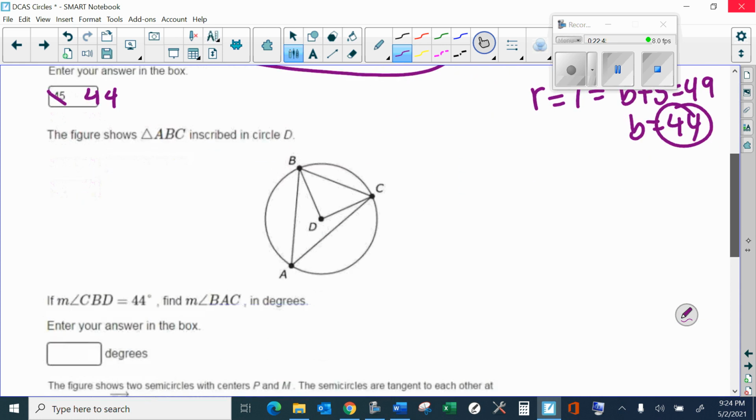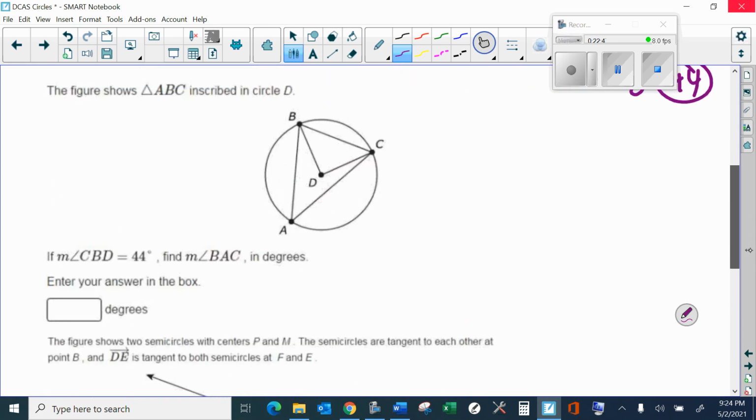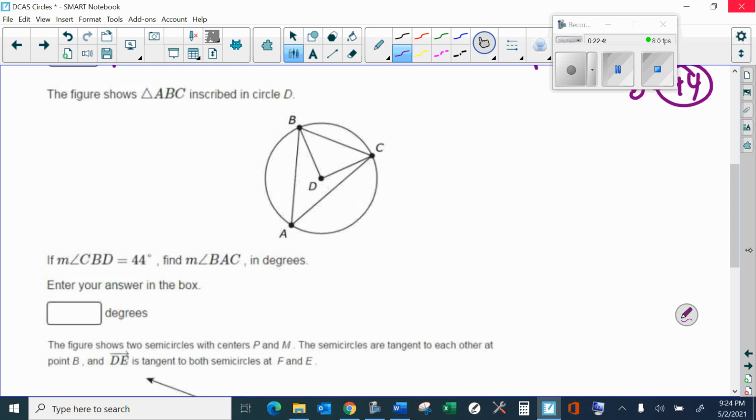Okay. All right. Here's our inscribed angles. You can half it. Angle CBD is 44. Don't forget that's a radius and that's a radius, so I have an isosceles triangle. Base angles are congruent, first thing I should know. That's 44 and 44, that's 88. 88 from 180 is 92. That makes the central angle 92, which makes the arc measure 92, which makes this half of it 46.